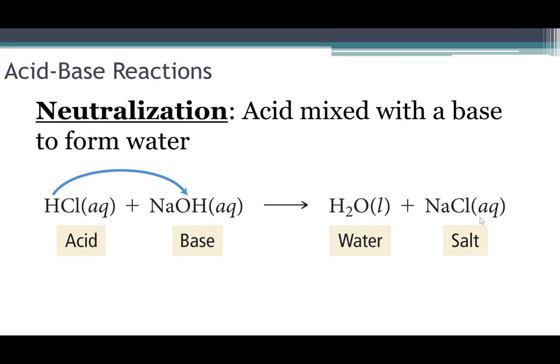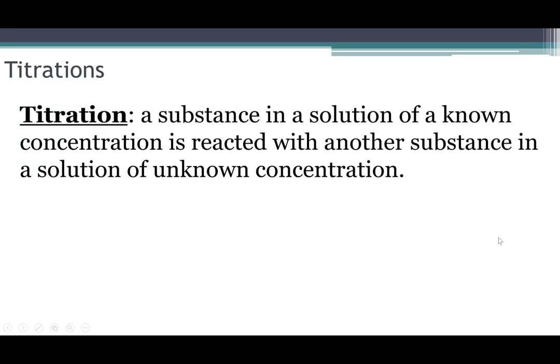Or potassium iodide. So any ionic compound we could refer to as a salt. So don't automatically write NaCl. It depends on what we're reacting together. So we'll look at an example in just a minute. Okay. So neutralization reaction, acid reacts with base to form water and some sort of salt.